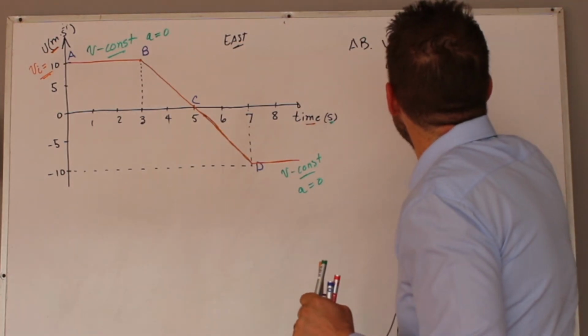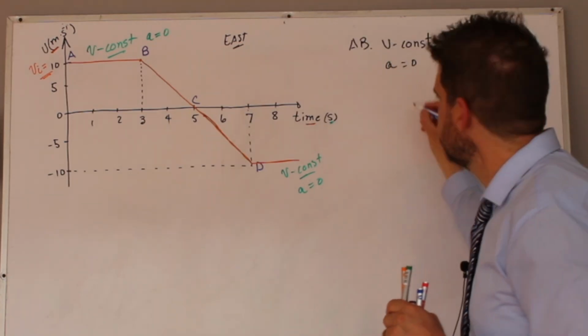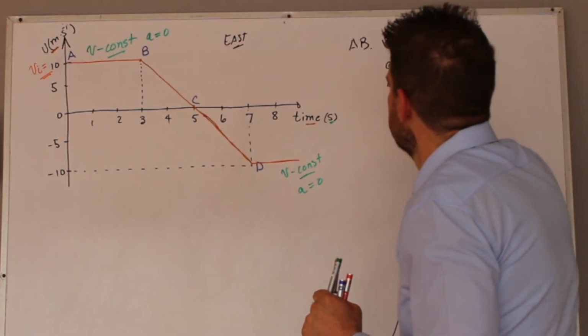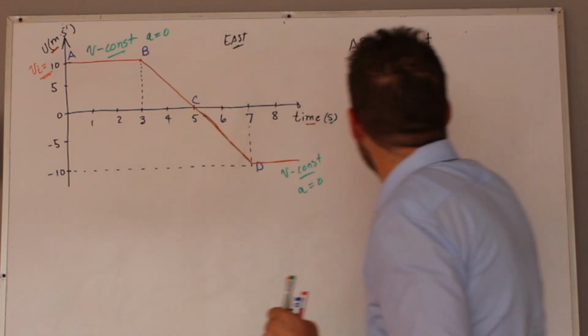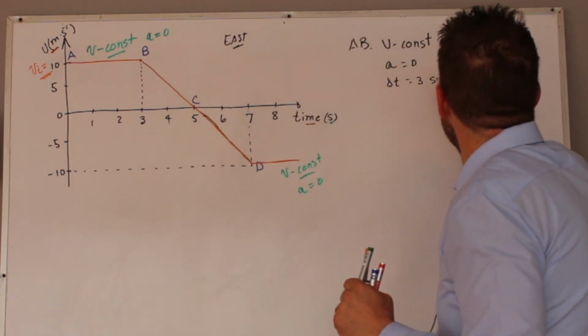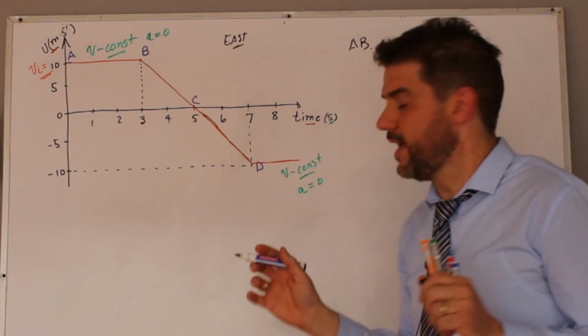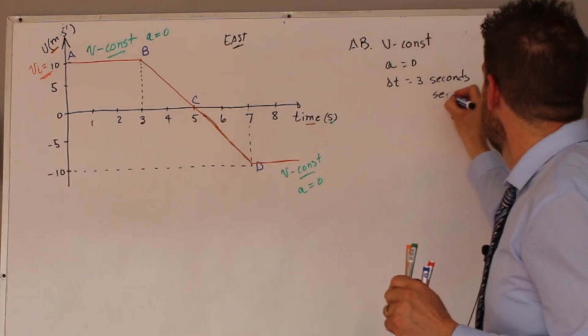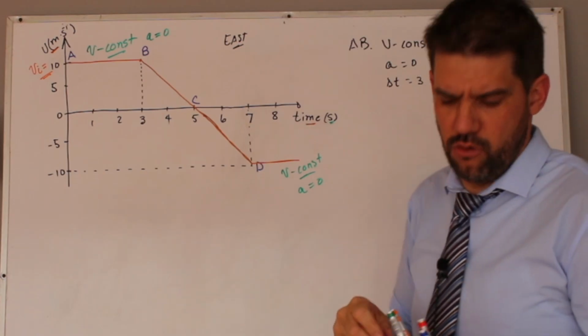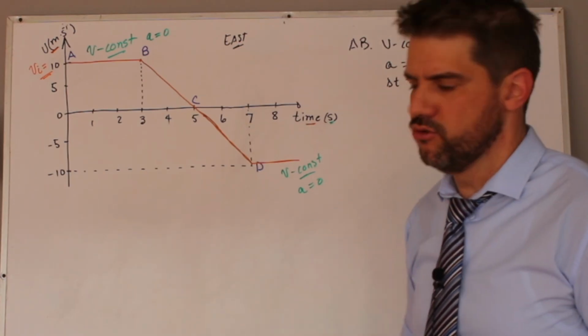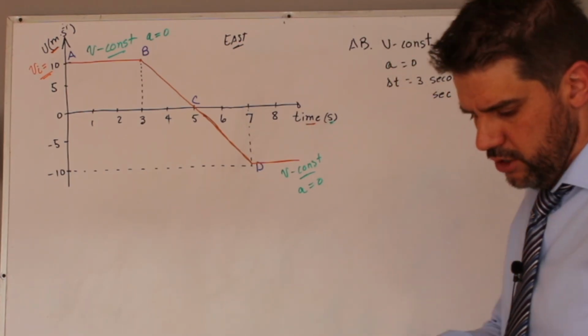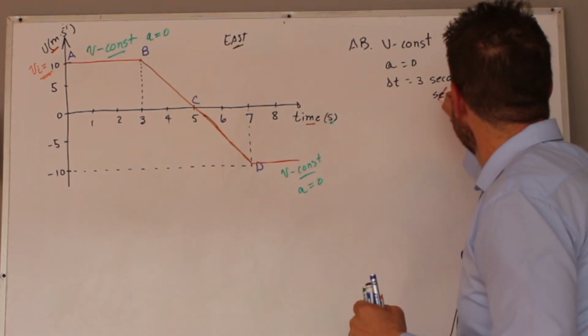Acceleration is equal to 0. Time 0 to 3 seconds is 3 seconds. Remember, you can also write s, but not sec. And I guess you know who I'm speaking about, who uses sec instead of seconds. So you cannot use sec.